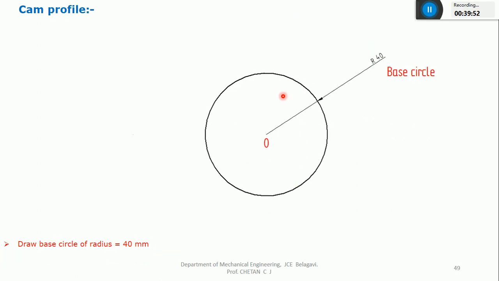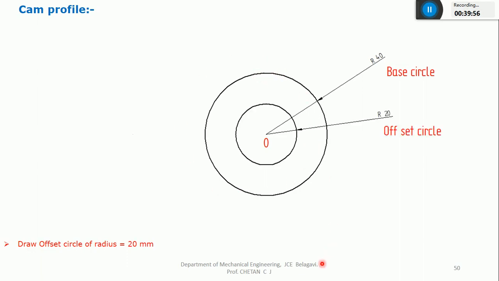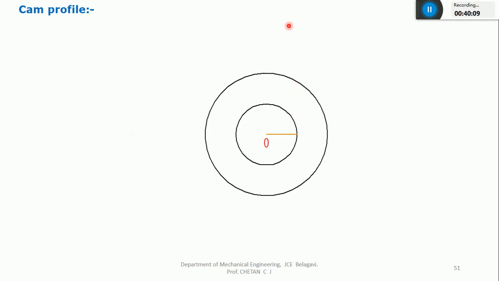I'll explain once again. I've started with the base circle, that is 40 mm. After that, I'll draw the offset circle, and the radius of this offset circle should be equal to the offset distance, which is given in the problem, that is 20 mm. After that, draw a vertical tangent line to this offset circle.